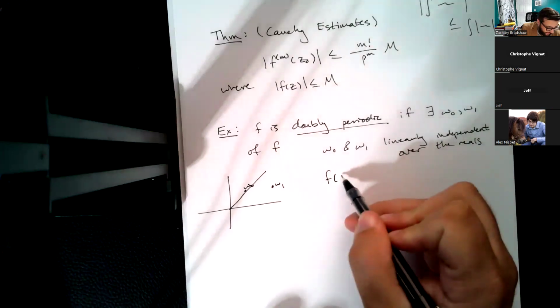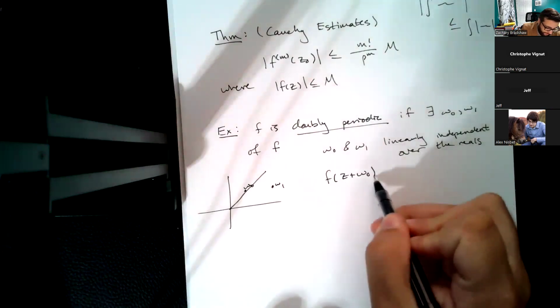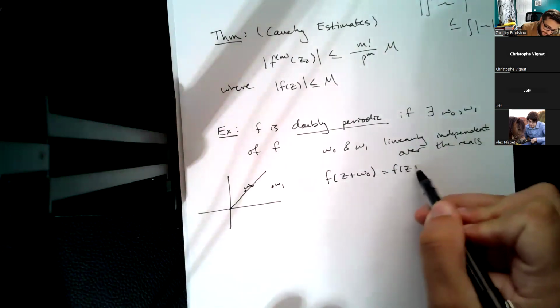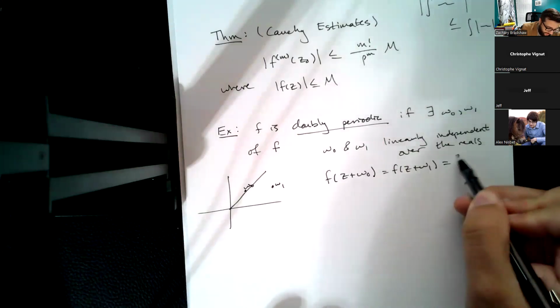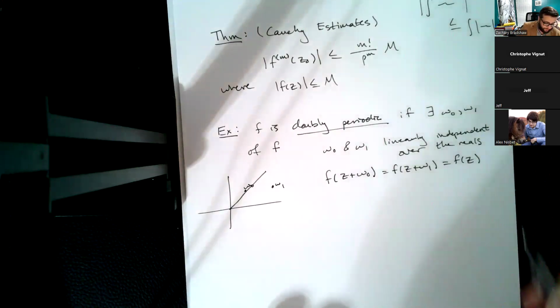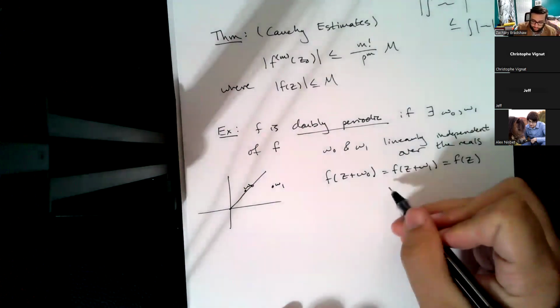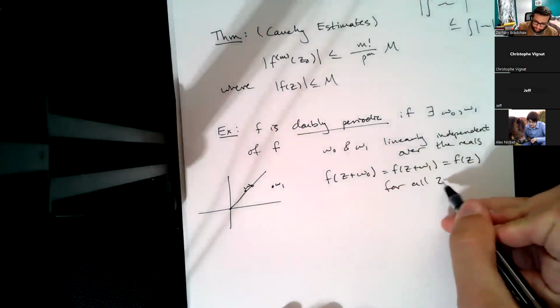And we have that f of z plus w0 is f of z, and f of z plus w1 is f of z. And this is for all complex numbers z.